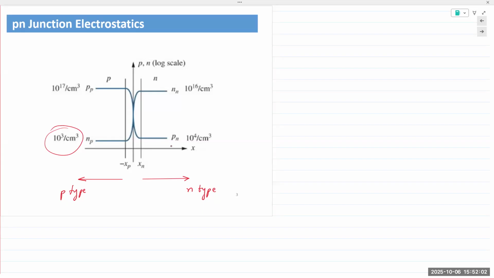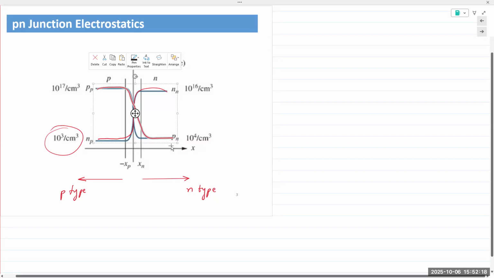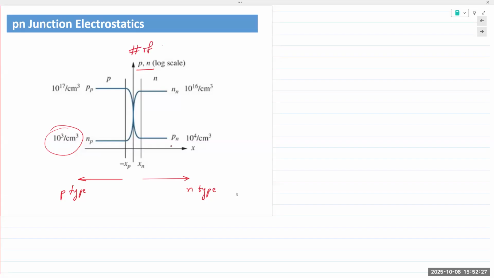Note that these are random numbers provided in the example. But in an n-type material, you have a high number of electrons that dips as it crosses the junction. And on the p side, you have a high number of holes that dips as it crosses the junction. So this basically is telling you the number of free charge carriers in the semiconductor material.